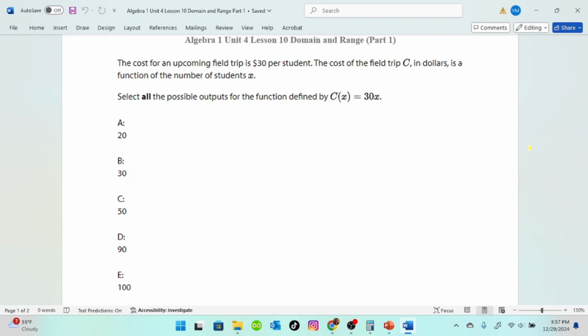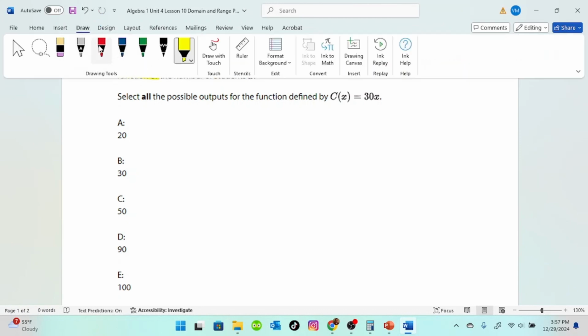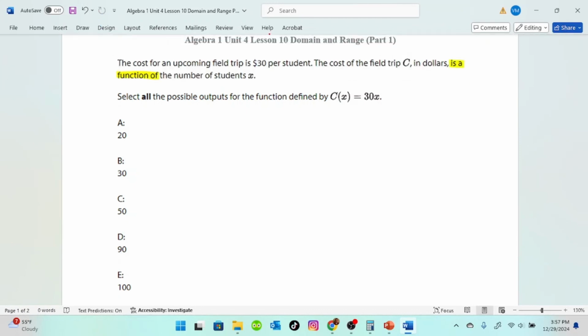So a few things that I want to point out before we get started solving this. Remember, any time that I see the words "is a function of," that tells me whatever comes before those words is the output.